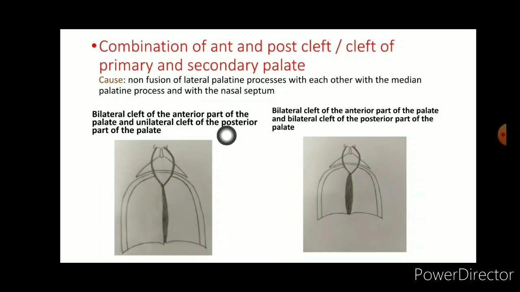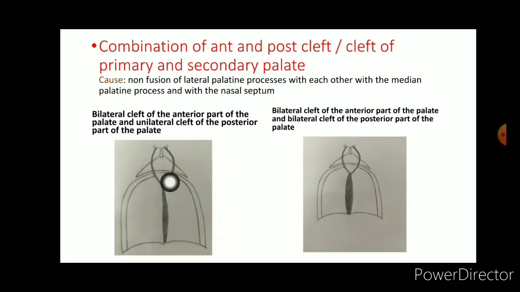Now the combination of anterior and posterior cleft, or cleft of primary and secondary palate, is due to non-fusion of the lateral palatine processes with each other, with the median palatine process and with the nasal septum superiorly.